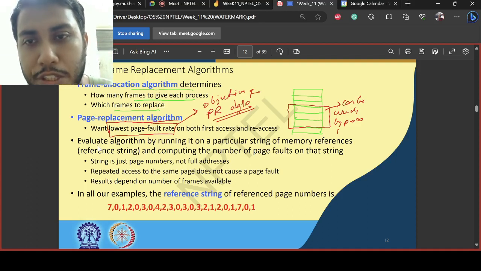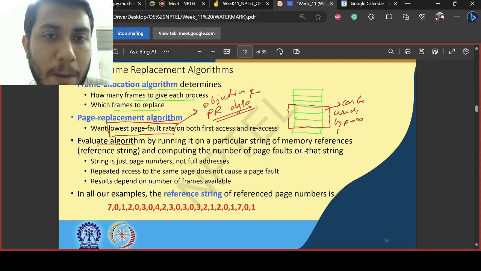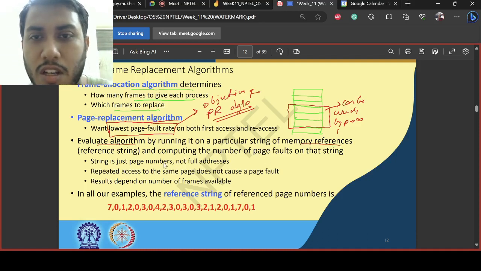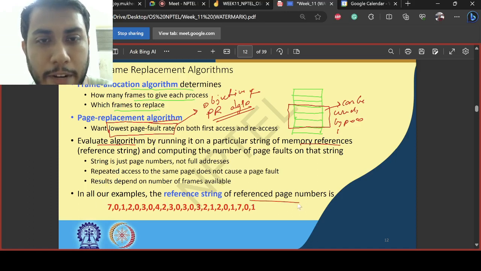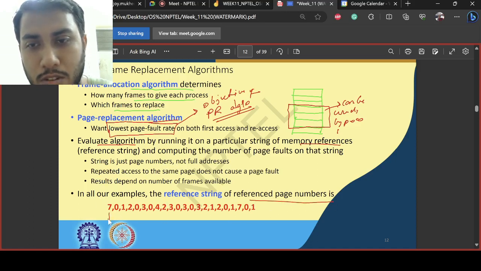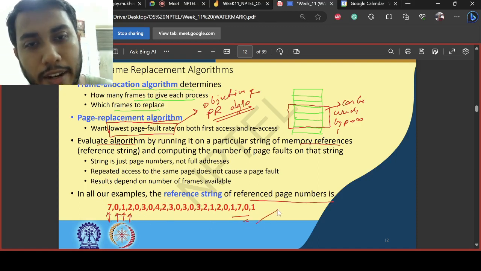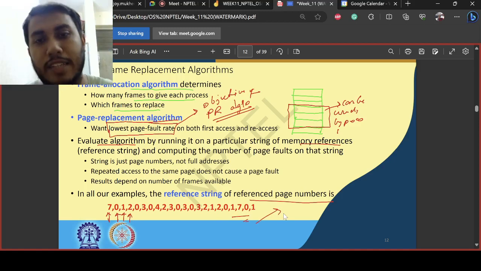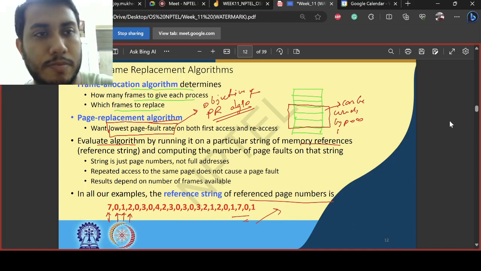There are many ways to evaluate algorithms on a particular string of memory references. Here is an example of a reference string: first the request is page number 7, then 0, then 1, then 2, and so on. This is a reference string, let's say, of pages requested like this.